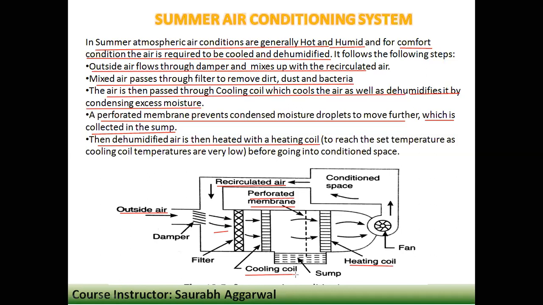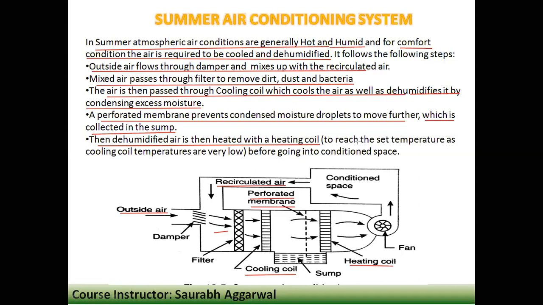So the air that is passing through the cooling coil is also at a very low temperature, let us say 8, 9, 10 degrees centigrade. But for the conditioned space, for our comfort conditioning, we require a temperature of around 20 degrees centigrade. So we heat that air so that it can be sent to the conditioned space.